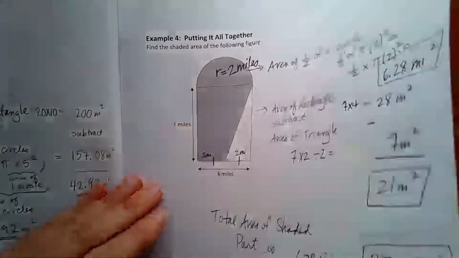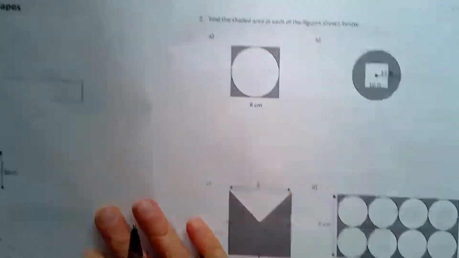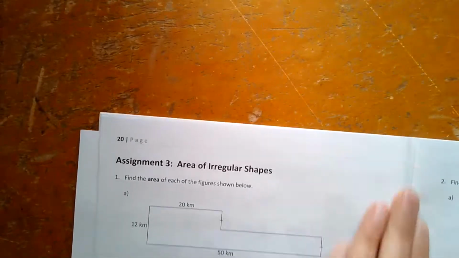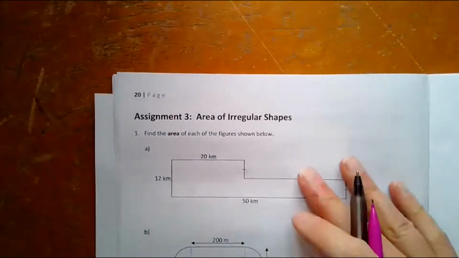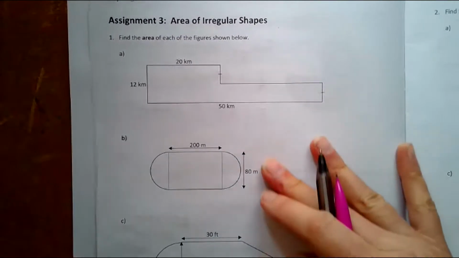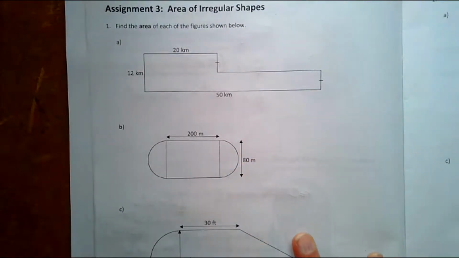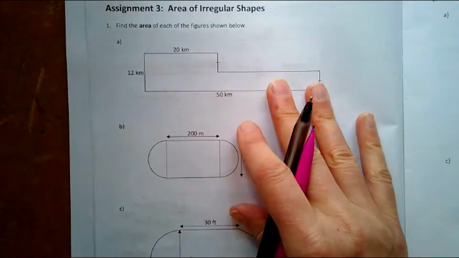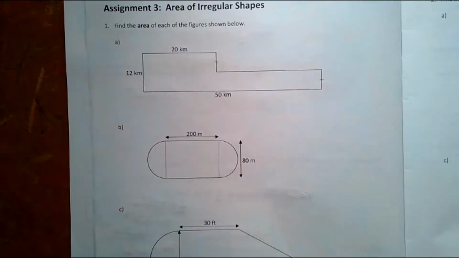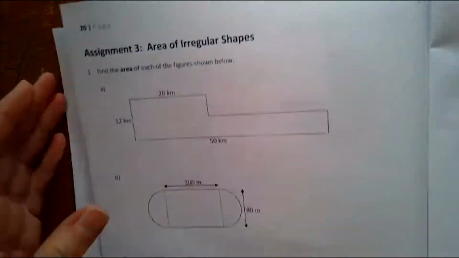Okay, and I think that's it for examples. So now you've got a nice assignment to work on, and it might be challenging. You've got these three that are just composite shapes, so no shading. So just use your imagination, try and see all the shapes you can in here, separate them out into their individual shapes and add the individual areas up.